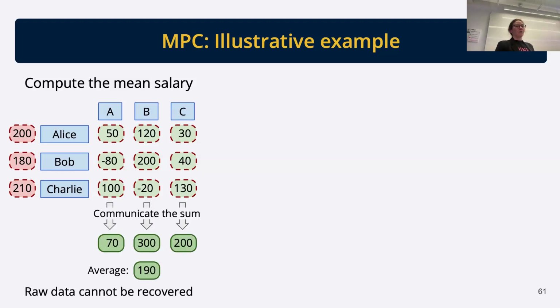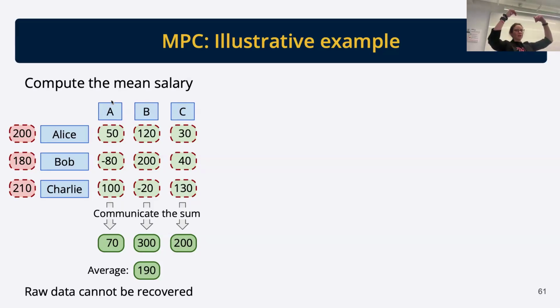You split your salary and then distribute the chunks to the rest of the participants. You keep one part for yourself, then you distribute the other parts to the other participants. For instance, Bob tells Alice the number minus 80, keeps 200, and then tells Charlie the number 40.